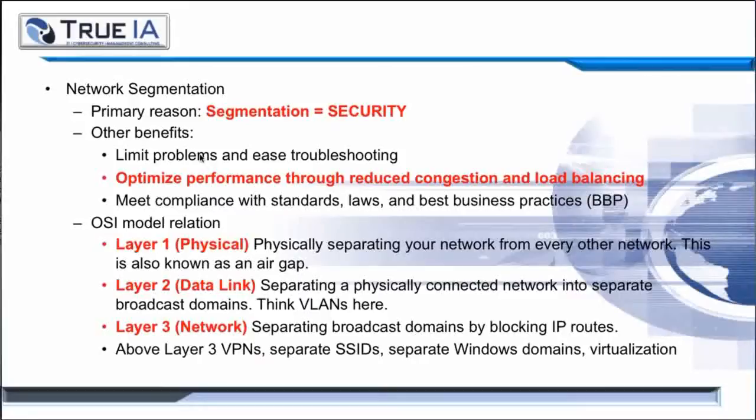Layer two, at the data link layer, separating a physically connected network into separate broadcast domains. You can think of VLANs with this one. Essentially, you're creating an air-gapped VLAN. Layer three, the network layer, you're actually separating broadcast domains by blocking, denying certain IP routes.